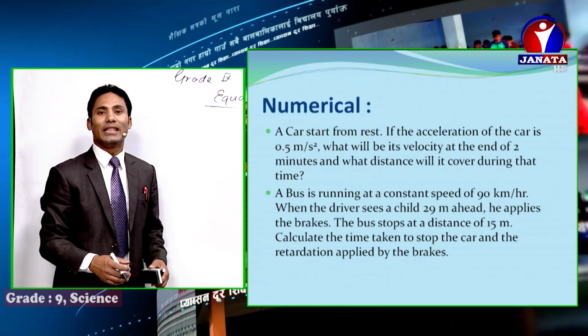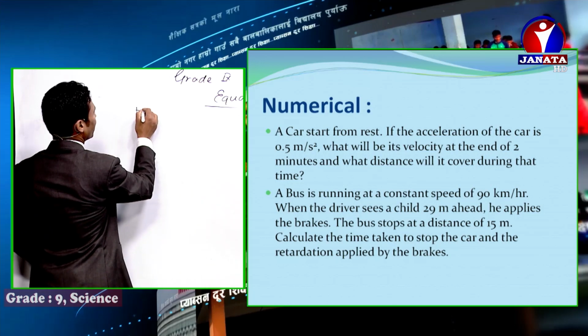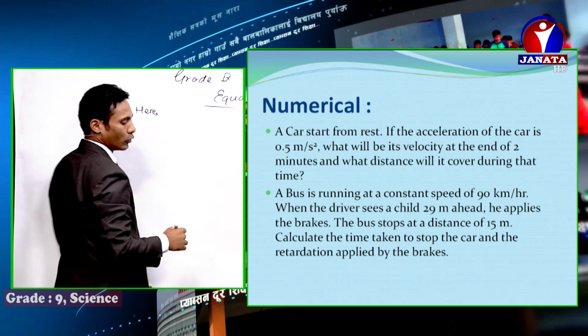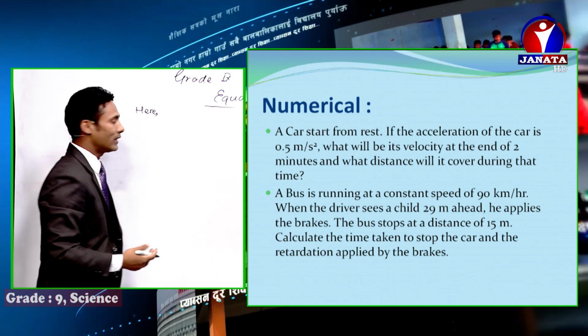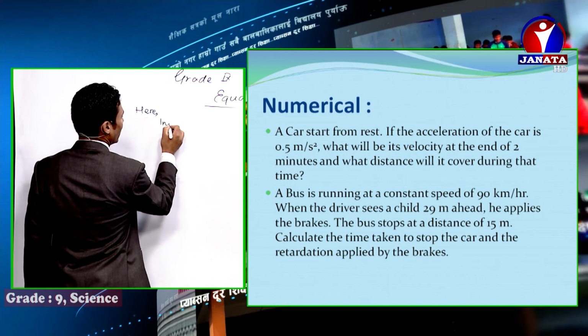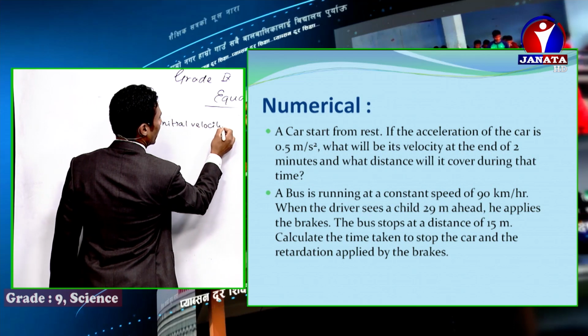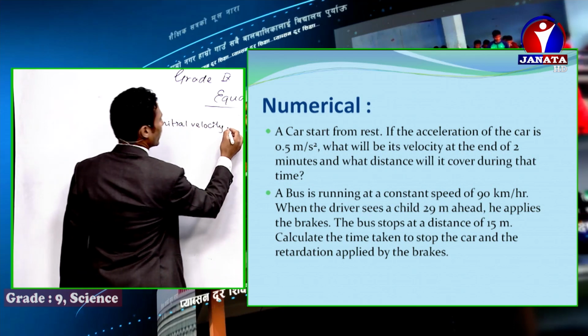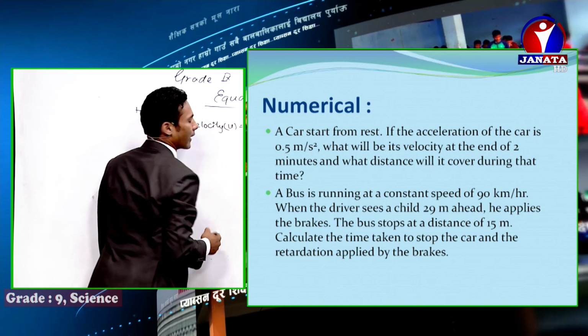Firstly, we list out the given data in the question. It is given that a car starts from rest. That means the initial velocity, the symbol is U, equals 0 meter per second.